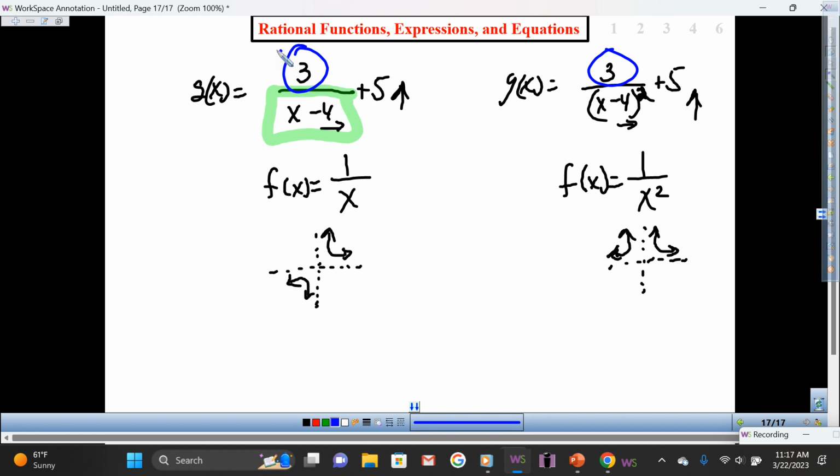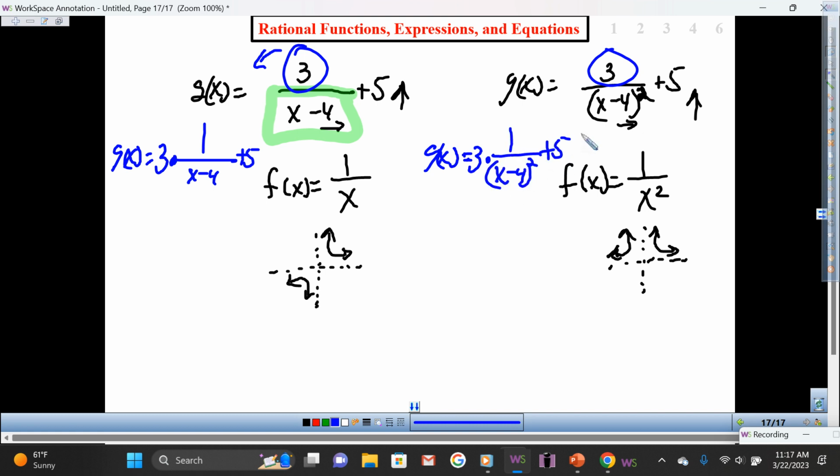Yeah, he did. Move it to the left and put a 1 on top, so it would be g of x equals 3 as a coefficient, multiplying 1 over x minus 4, plus 5. And the same thing for this one. g of x equals 3 times 1 over (x minus 4) squared, plus 5.